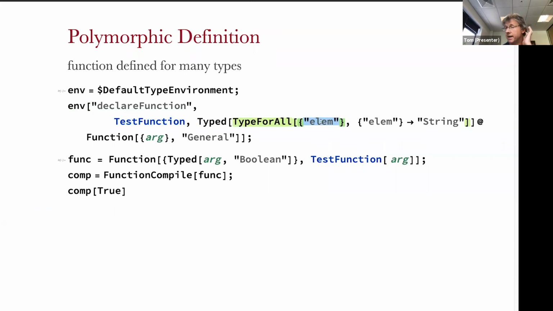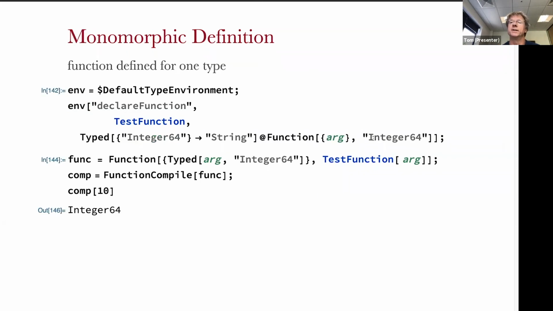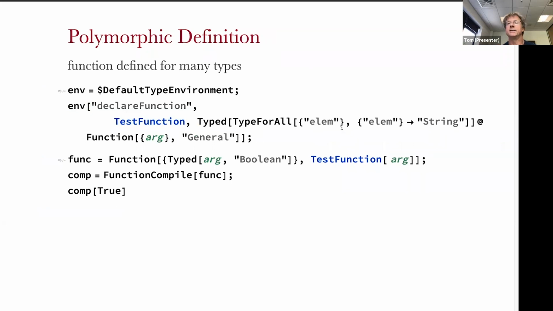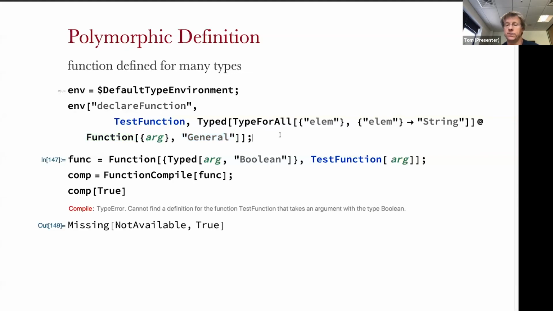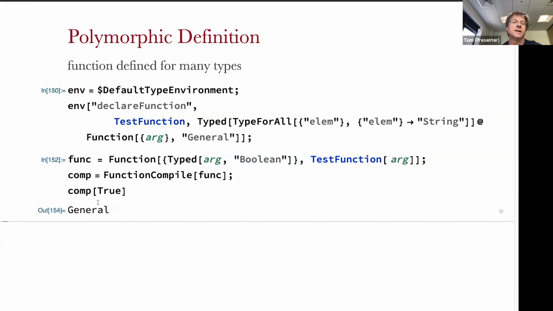This one takes any input, and it returns a different value. It's still a string, and so there we go. It didn't find that, but now it compiles and runs. I got that warning saying I hadn't declared it.